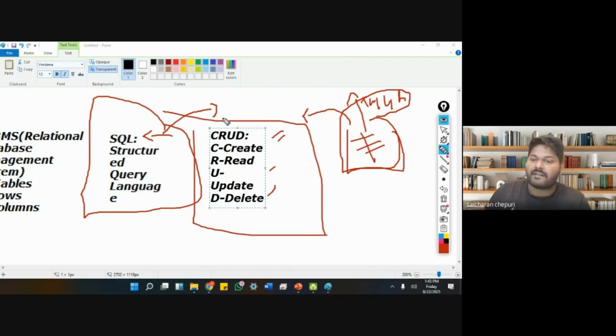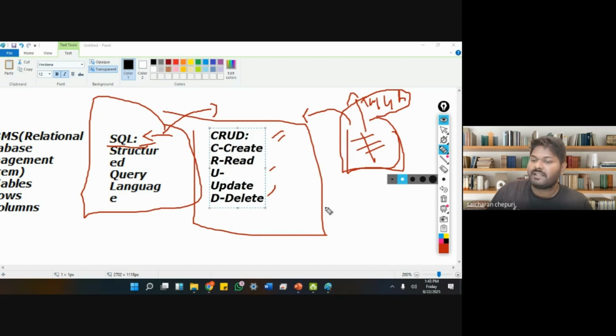This is the most efficient language in the world. Till now, there is no upgrade to the current SQL language, and there is no replacement for SQL, right? We are still using SQL because it is the most efficient language to interact with any databases which are RDBMS.